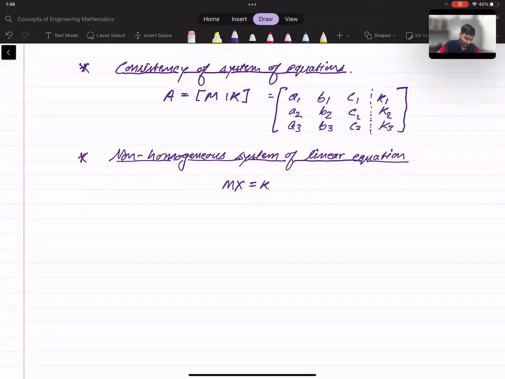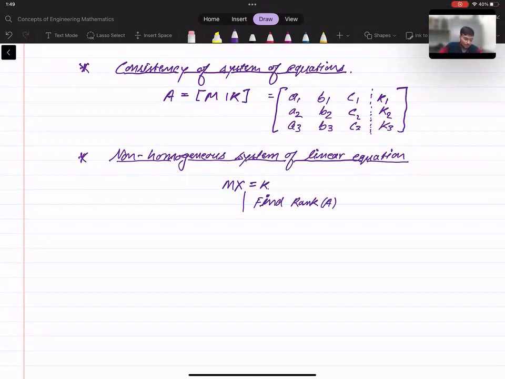Okay, so what is to be done is simply find the rank itself. So find the rank of this augmented matrix A. Okay. A here represents the augmented matrix.